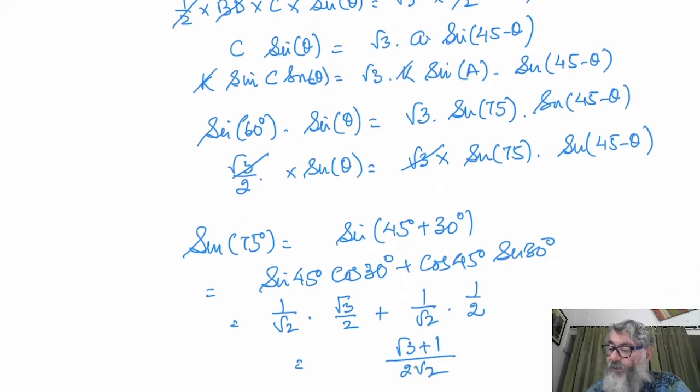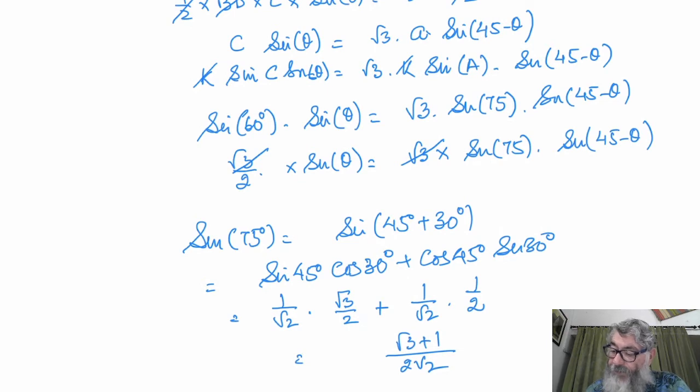Now I can put that value. It becomes 1 upon 2 sine theta equals root 3 plus 1 upon 2 root 2 into sine 45 minus theta.